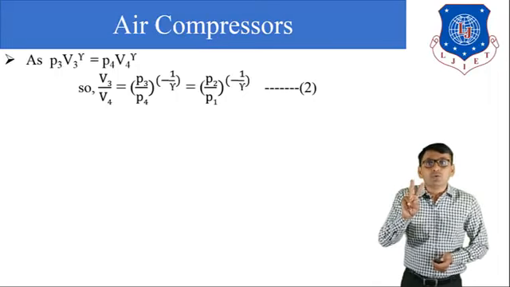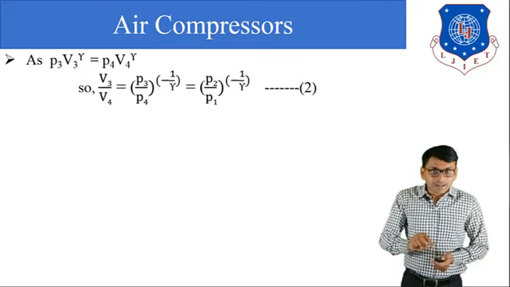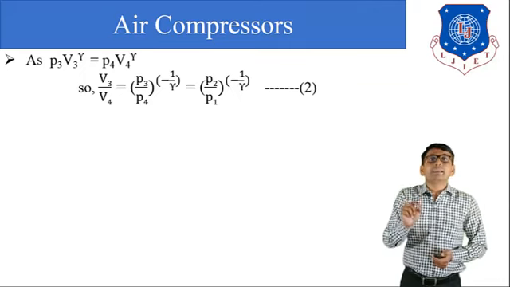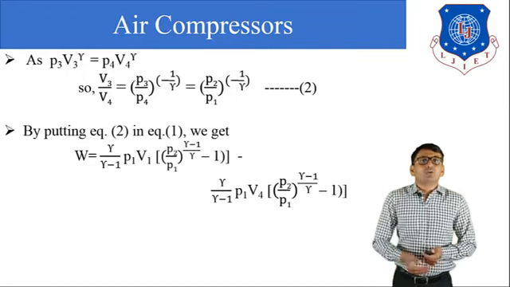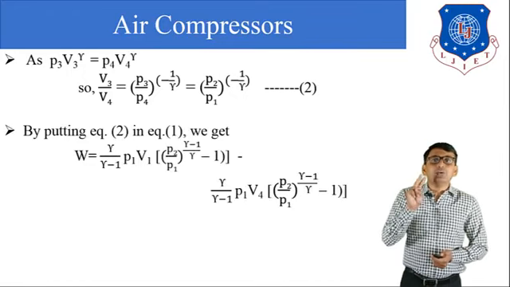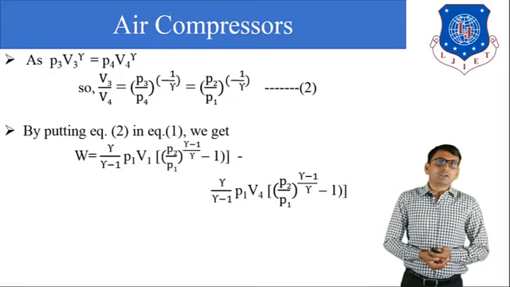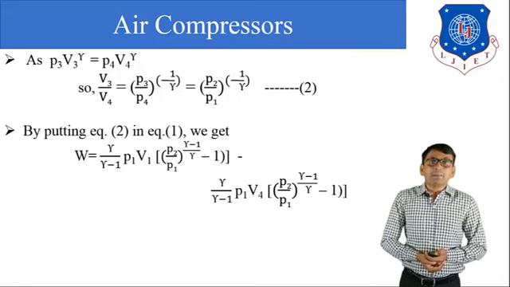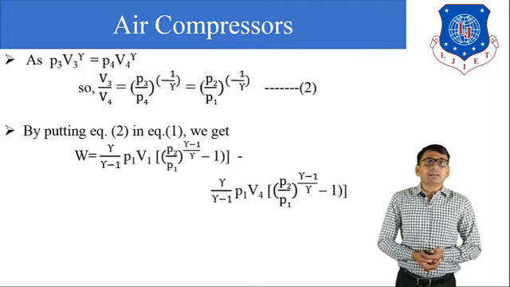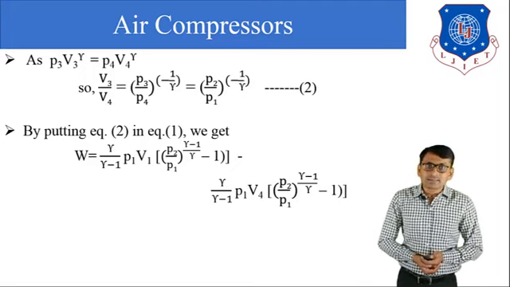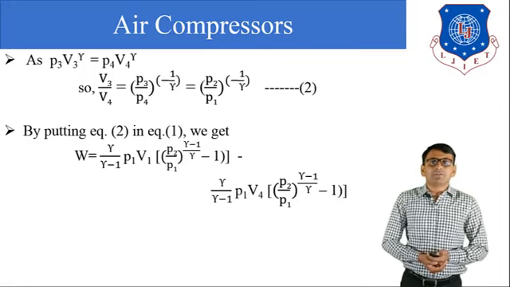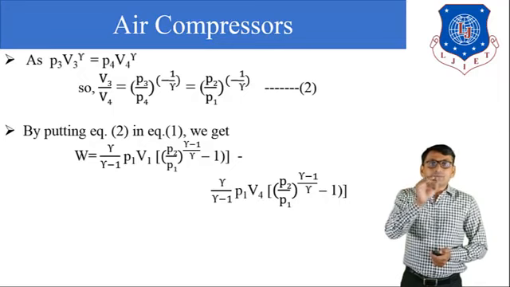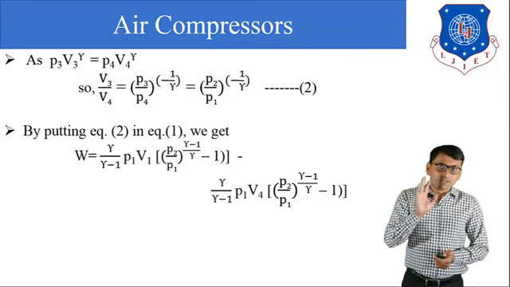V2 by V1 is equal to (P2 by P1) raised to 1 by gamma, already discussed. These two values, V2 by V1 and V3 by V4, are put in equation number 1. By putting these two values, we get W is equal to gamma by gamma minus 1 P1 V1 in bracket (P2 by P1 raised to gamma minus 1 by gamma, minus 1) minus gamma by gamma minus 1 P1 V4 in bracket (P2 by P1 raised to gamma minus 1 by gamma, minus 1).